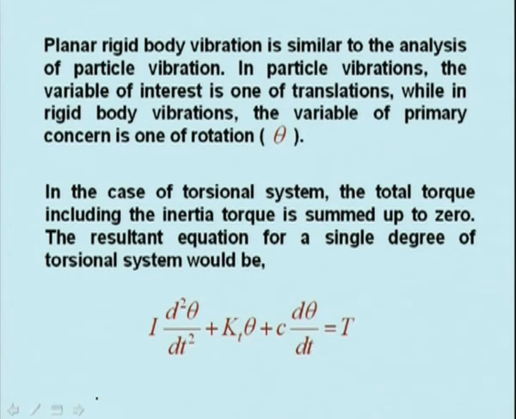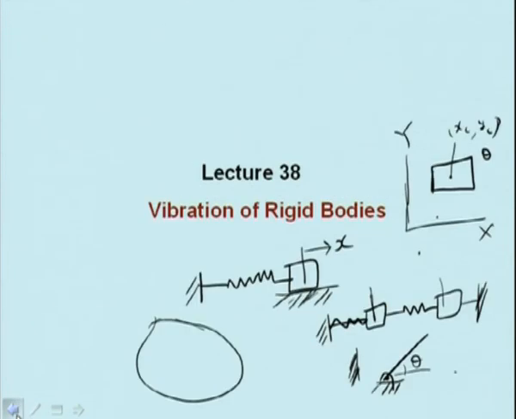So planar rigid body vibration is similar to the analysis of particle vibration. In fact, the particle can be considered as a complete rigid block also, composed of so many particles, because it is undergoing only translation and all particles are having same velocity and same acceleration, same type of displacement from a particular datum.